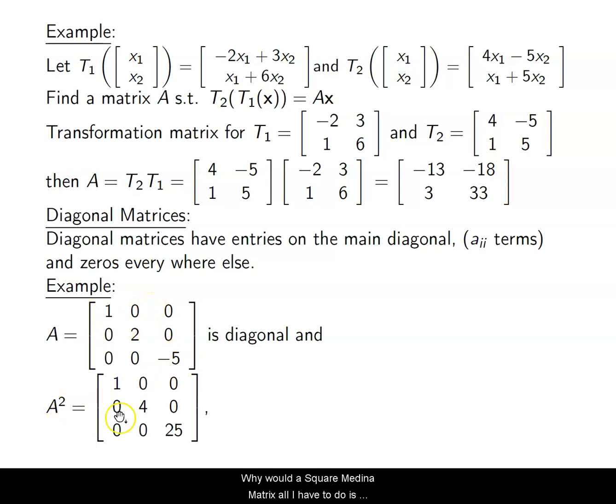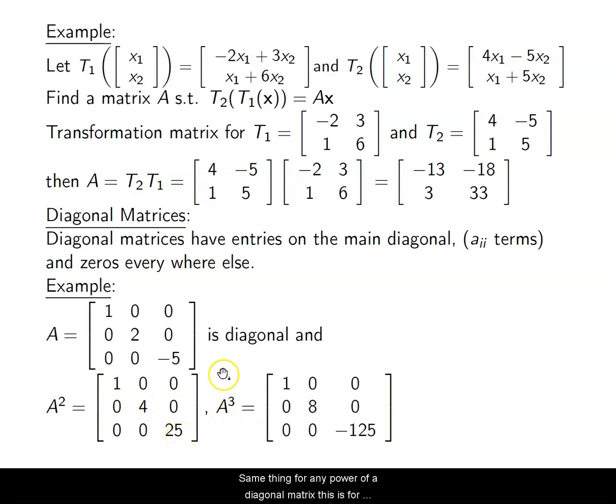Okay, so this would be a diagonal matrix. If I were to square a diagonal matrix, all I have to do is square the entries on the diagonal. Same thing for any power of a diagonal matrix. This is for diagonal matrices only. If I had a regular matrix A and I wanted to square it, you do not just square every entry here.